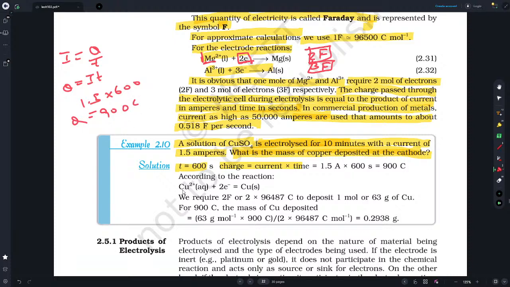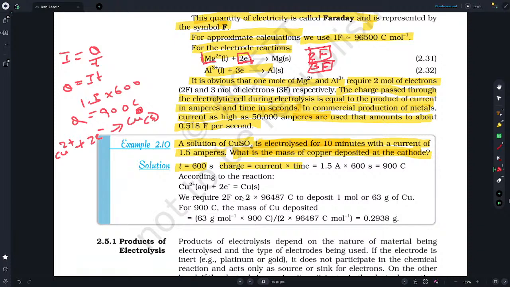According to the reaction, as we see that it is getting deposited, which means Cu2+ ions in this copper sulfate solution are getting reduced to form solid copper, which will get deposited with neutral zero charge. This is what they have written here.